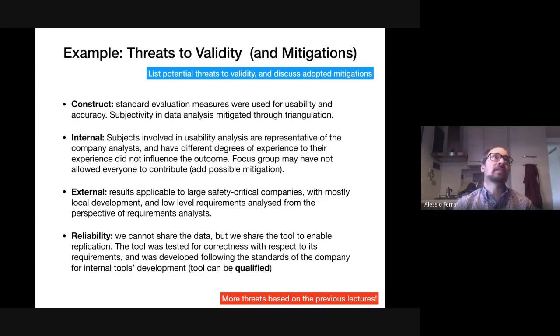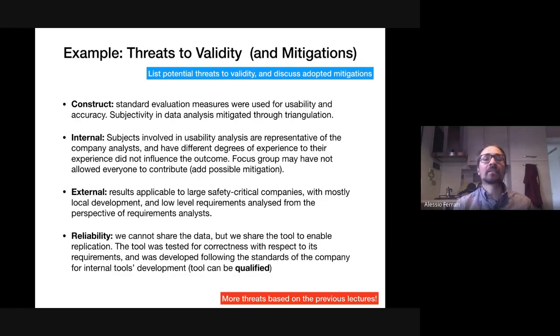If your results are correct, but at the same time you have some problems with the selection of samples, this is a selection of subjects or objects, this is accepted in a case study, but you have to make it evident. And of course, for example, in a focus group, I may have had another problem, that not everyone may be able to contribute sufficiently.